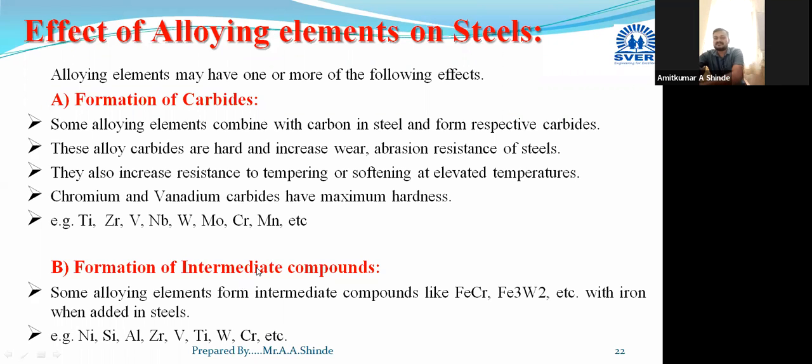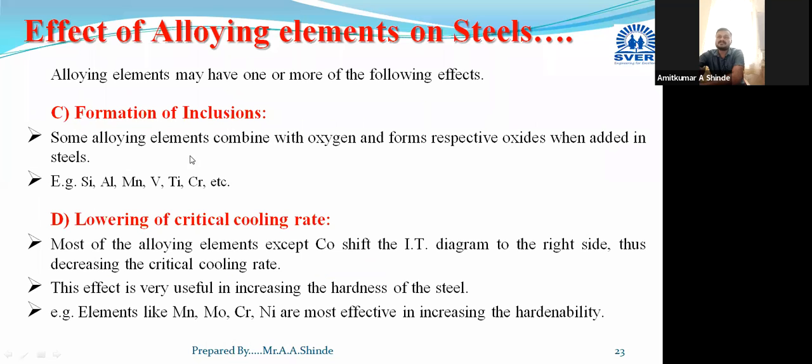Then the next effect is the formation of inclusions. Inclusion is nothing but this: whenever some alloying elements are added in the steel, suppose you have added some silicon, aluminum, manganese, or vanadium. I have mentioned these examples here; you can read them from this.